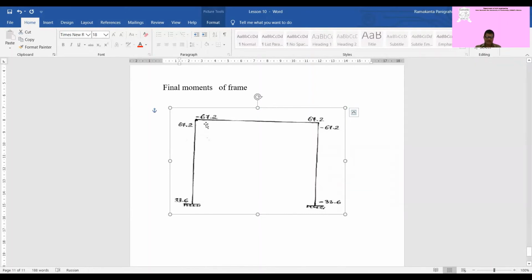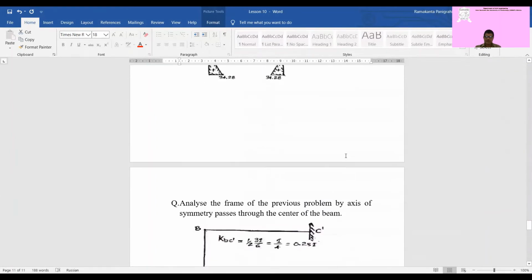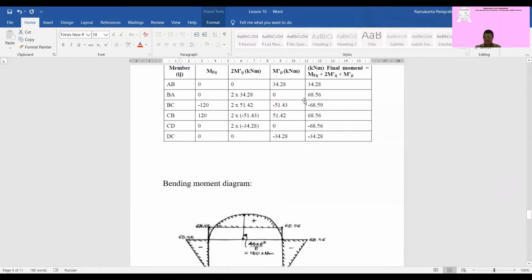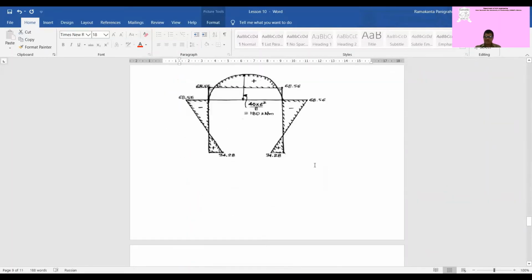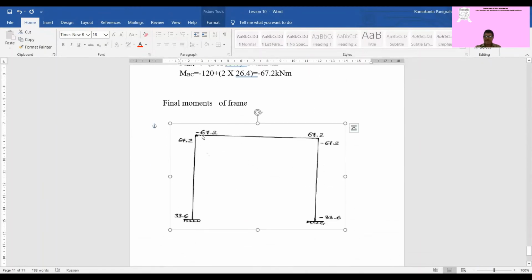Here it is minus 67.2. What we obtained in the previous problem was minus 60.59, now 67.4. What is the difference? Hardly 1 kNm is different. But you see the computing time. The computing time in exam will be very less. So you can take the axis of symmetry and draw the things.